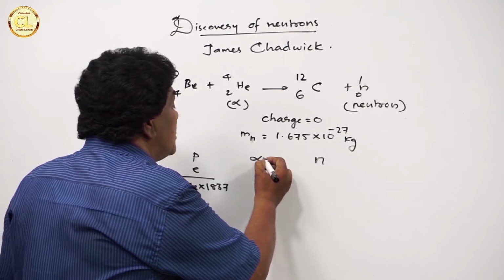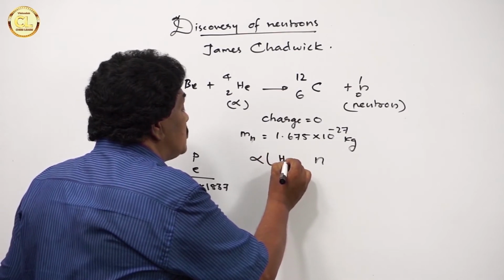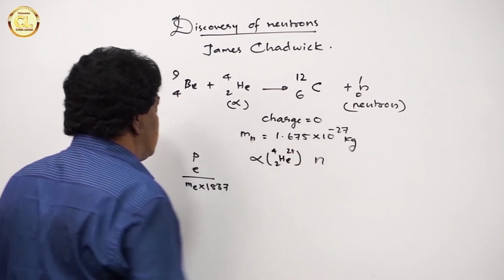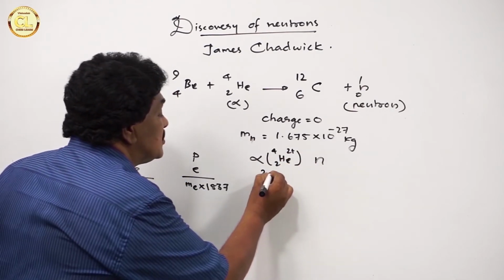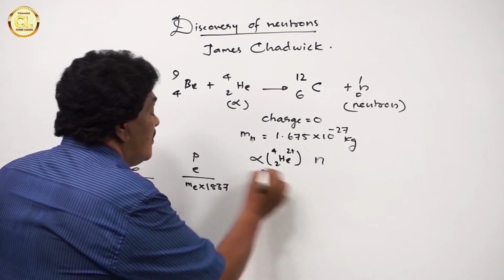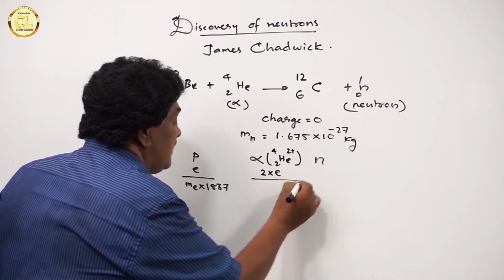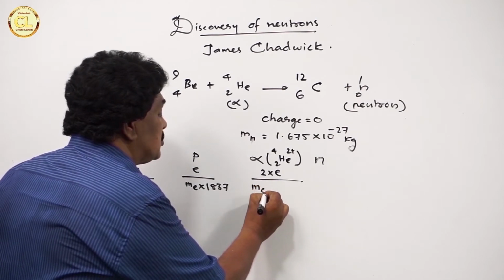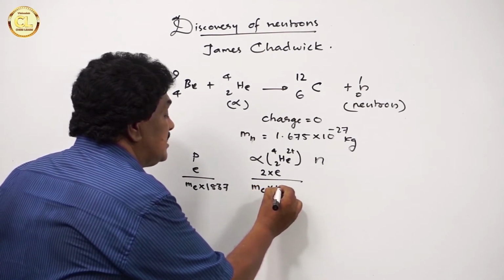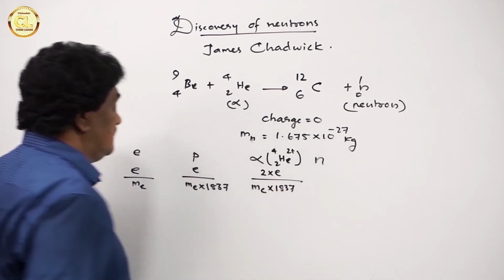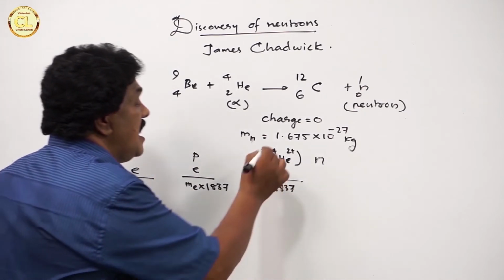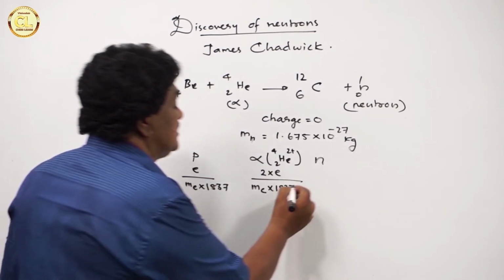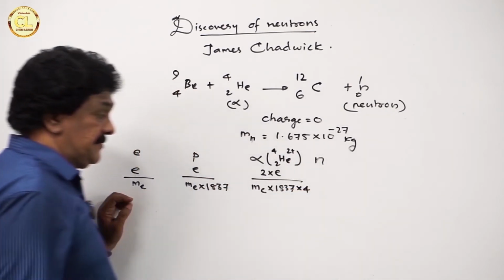And what is alpha particle? Alpha particle is a double positively charged helium nucleus, He-4,2, with a 2 unit positive charge. So, charge is 2 times that of this, that is 2 into e by mass, which is mass of the electron into 1837, that is mass of the proton, and mass of the alpha particle is 4 times the mass of proton. That is why we put 4 here.